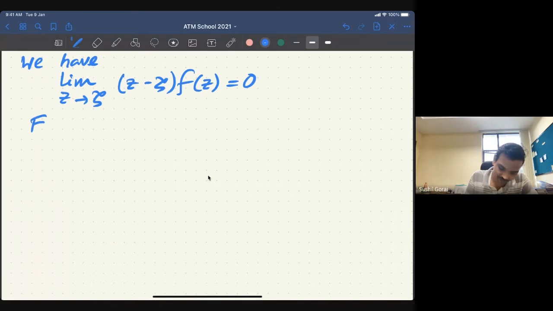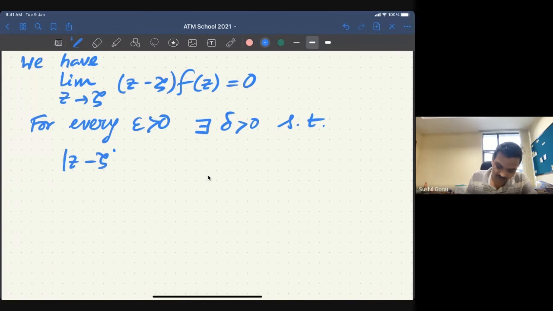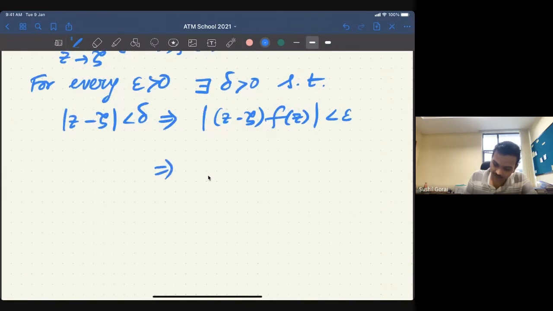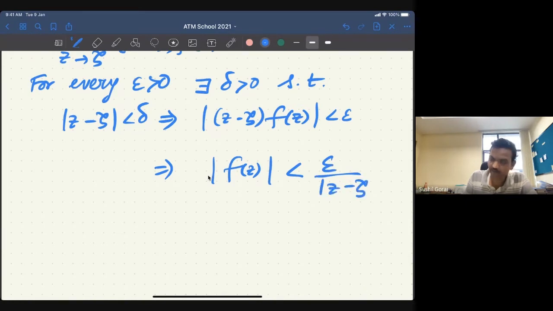So for every epsilon greater than 0, there exists delta greater than 0 such that mod z minus zeta less than delta implies mod of (z minus zeta) f(z) is less than epsilon. So that implies mod of f(z) is less than epsilon by mod z minus zeta. All right, is this clear?